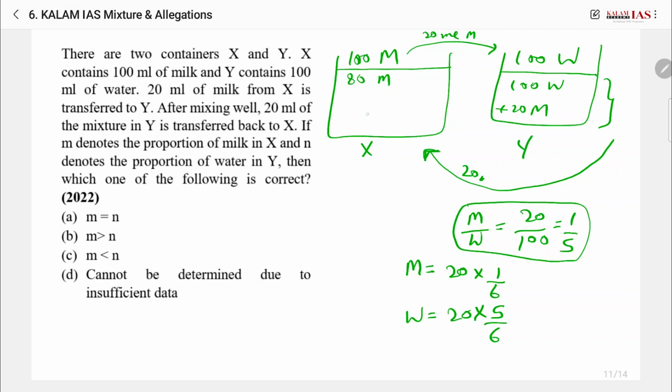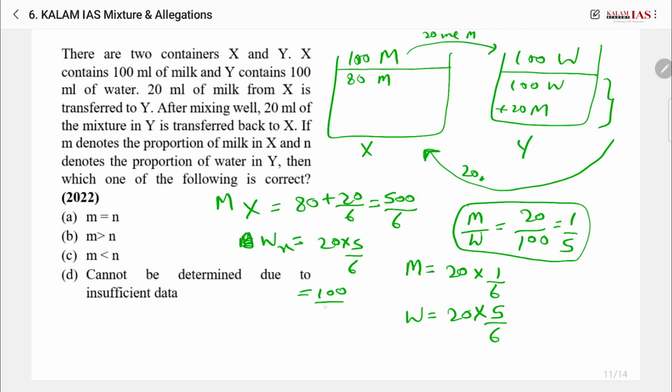So after transfer in the X container, milk will become 80 plus 20/6, which is 500/6. Milk in X is 500/6 and water in X will become 20 into 5/6, that is 100/6.